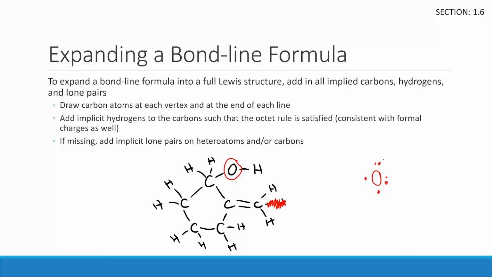However, it has 2 sets of lone pairs. So in this case, when asked to draw the full Lewis structure, we should include the lone pairs as well. So I'm going to add those lone pairs in to the oxygen and make sure they are shown.